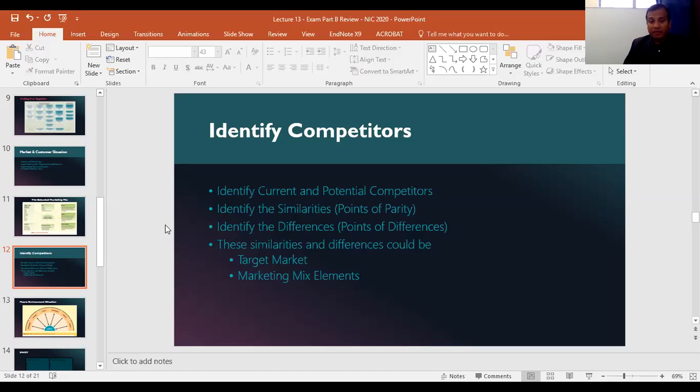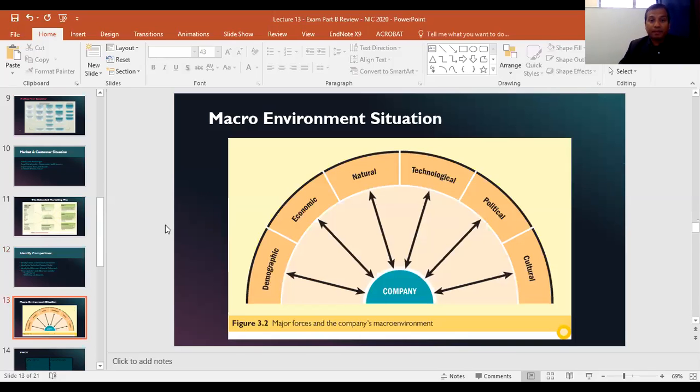We had a discussion on points of parity and points of differences. So keep those points in mind, what can be parity, and what is the uniqueness in terms of points of differences. Try to make small notes on that, so that it can help you during your exam.